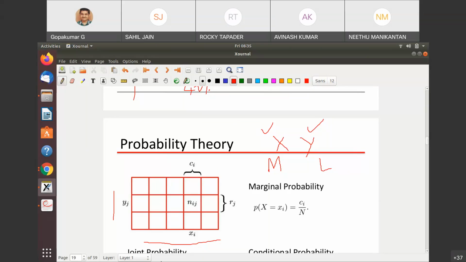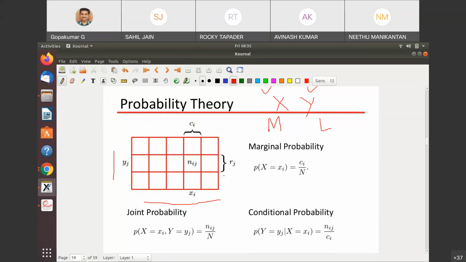Here is a typical case of such a scenario, with m equal to 5, because x takes 5 different values, 1 2 3 4 5, and y takes 3 values, that is 1, 2 and 3.